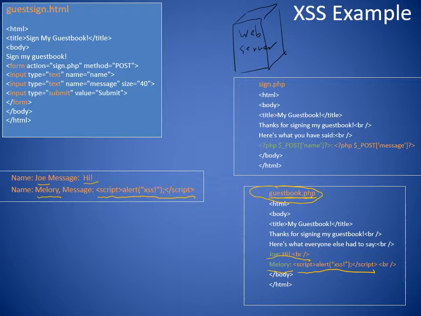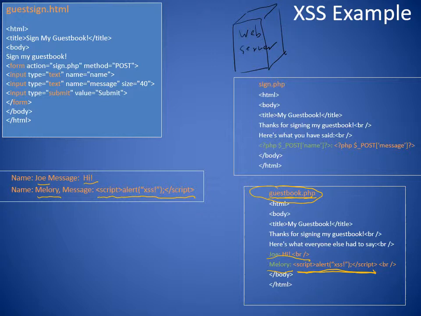But in this case, it's going to be a piece of JavaScript, and if a user visits this guestbook.php, then this JavaScript will be loaded on his browser and is going to be executed.